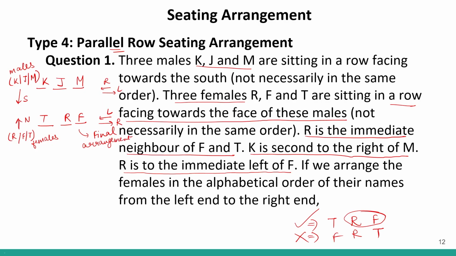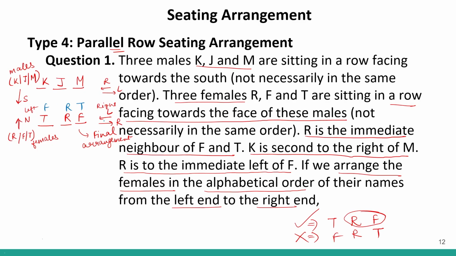Now, we have to arrange the females in the alphabetical order of their names from left hand to right hand. So this is the left hand, correct? And this is the right hand. We have to arrange them alphabetically. So if I arrange them alphabetically, I will get F, R and T. This is after rearrangement.